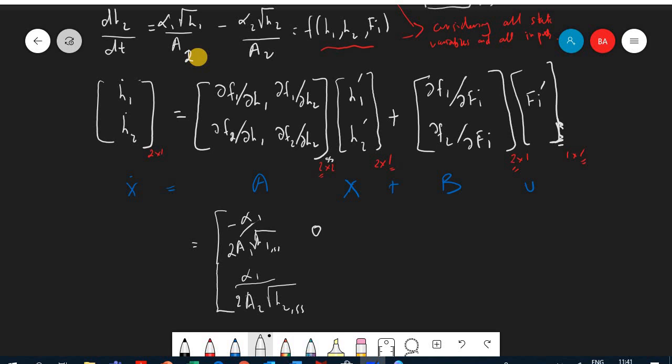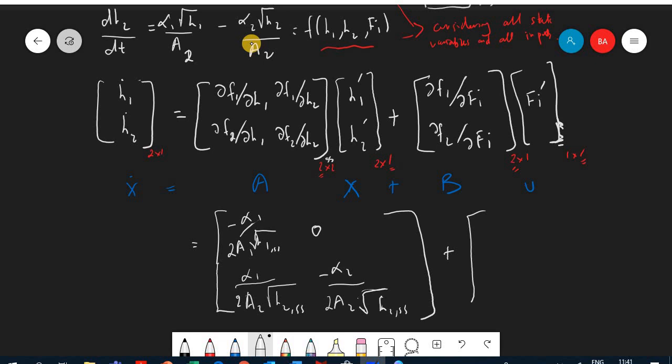And what is df2 by dh2, the second function? I'm taking the partial derivative with h2, which is minus alpha 2 over 2A2 into the square root of h2 at steady state. So that is my first matrix. So that is A. I already found A.